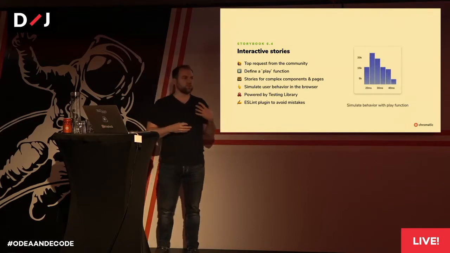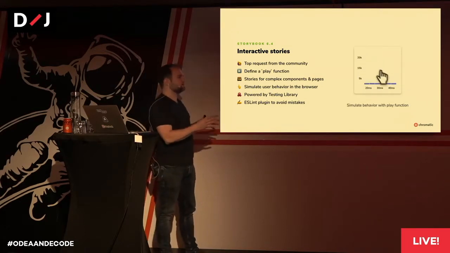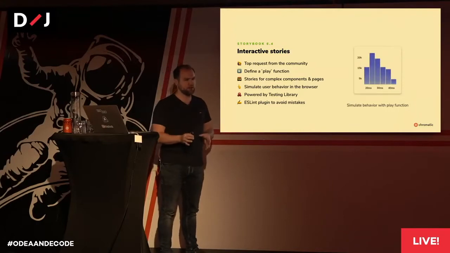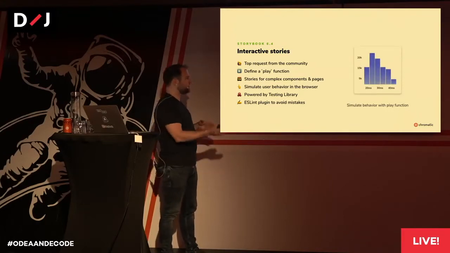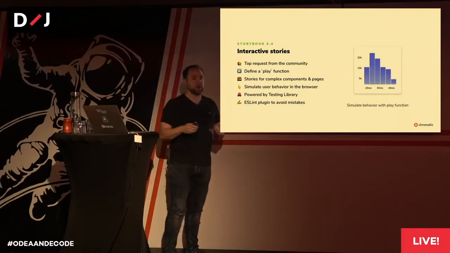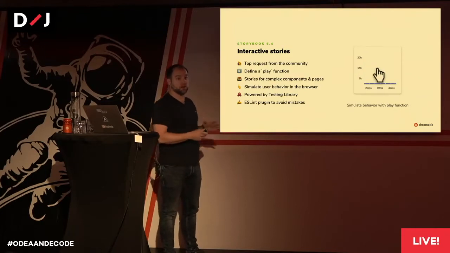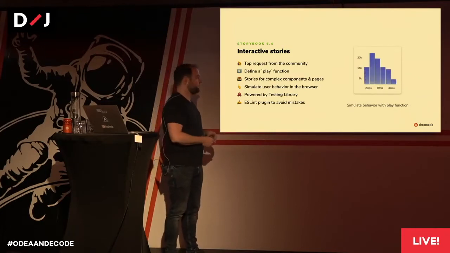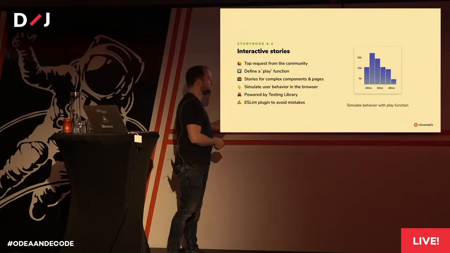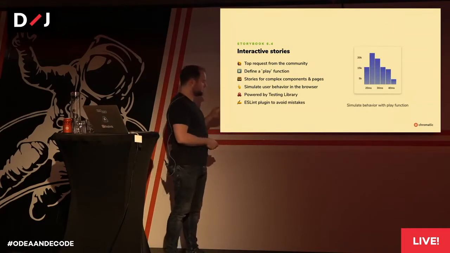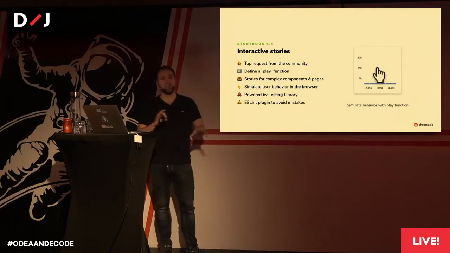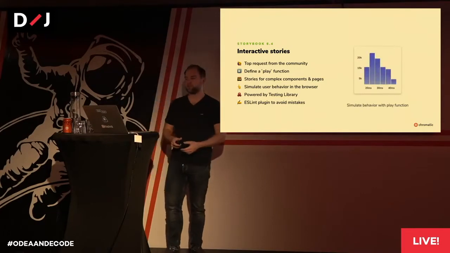And we are just bringing that experience of using Testing Library for testing into the browser. And that will unlock a whole bunch of very interesting things. What we're also working on and releasing soon is an ESLint plugin to make it super easy to write this stuff so that you don't make mistakes.